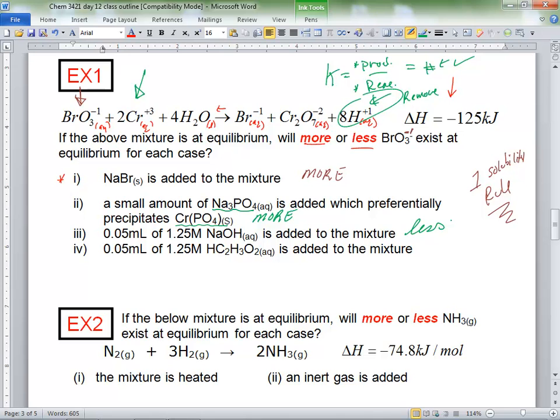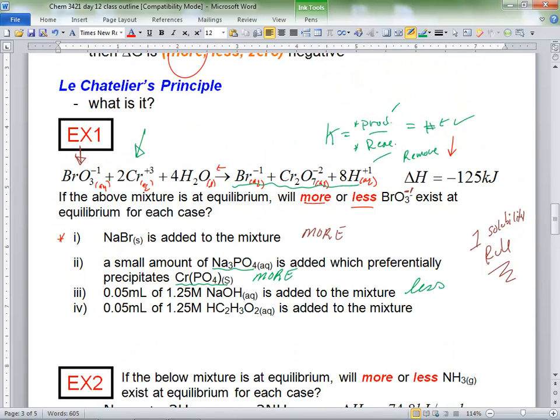So it will provide some what? That's a commonality. Protons, H pluses. It will provide some. So now on the product side, we're going to have too much. Right? You have too much product. Has to shift towards reactants. So the bromate will go up.